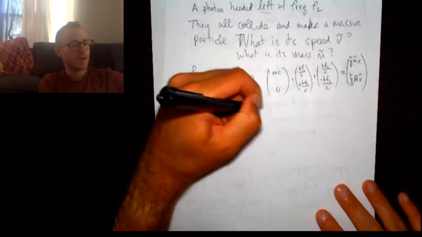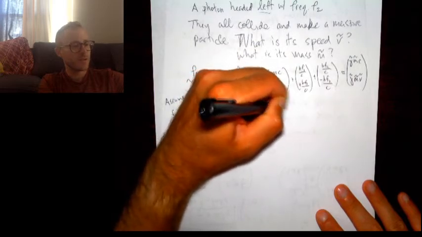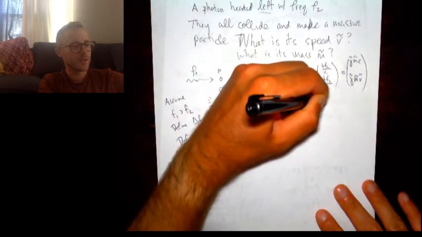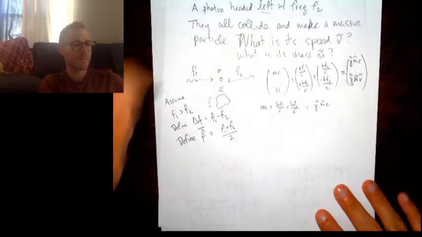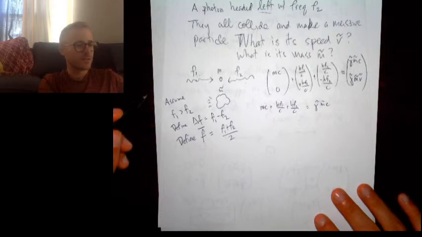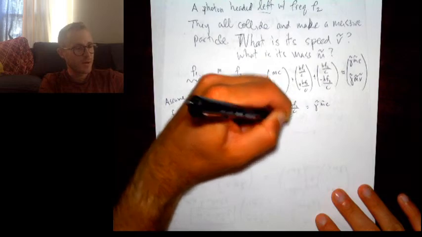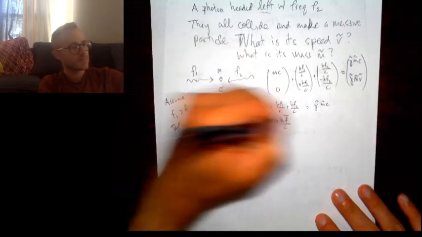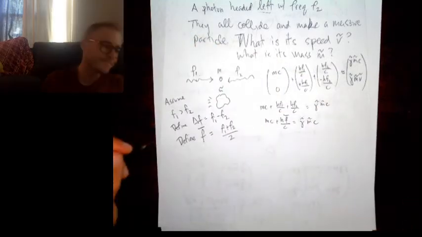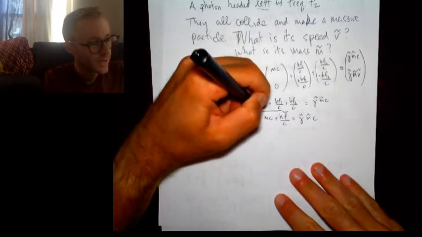I get mc plus hf1 over c plus hf2 over c equals gamma squiggle m squiggle c, which I could rewrite as mc plus hf bar over c equals gamma squiggle m squiggle c. So this is one of my equations that I have to solve.